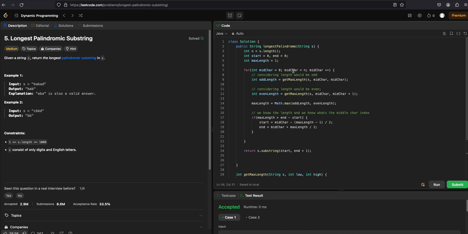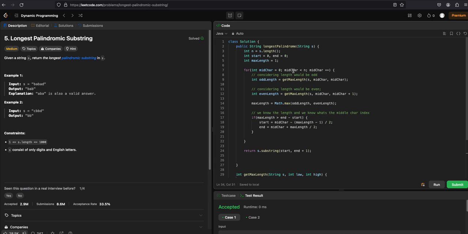We made use of that information, from which our time complexity reduced from O of n cube to O of n square, but our space complexity increased from constant to O of n square because we are saving the previous length palindromic information. That's one of the solutions.